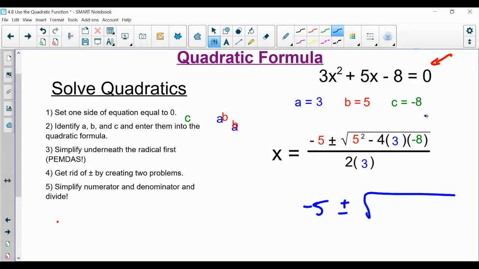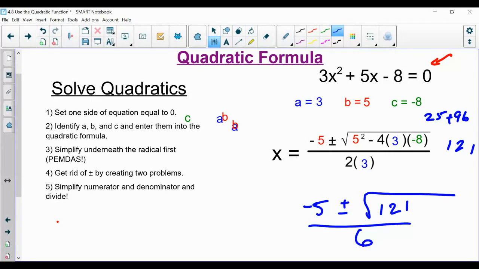So 5 squared is 25, minus 4 times 3 times negative 8, which is negative 24, and negative 4 times negative 24 would be 96. And then 25 plus 96 would be 121. Okay, so negative 5 plus or minus the square root of 121, over 6.